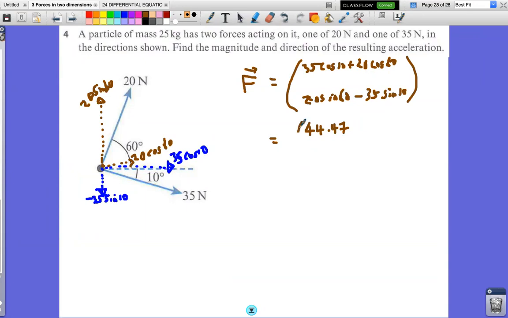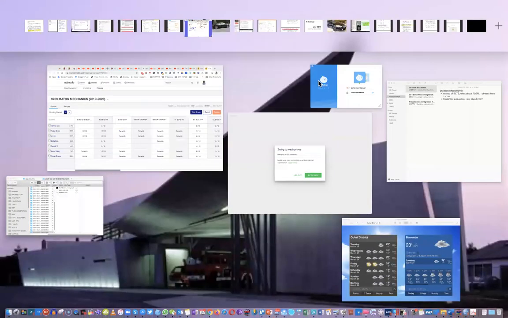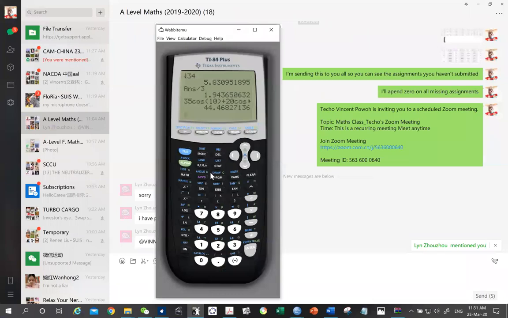And the y component, 20 sine 60 minus 35 sine 10.